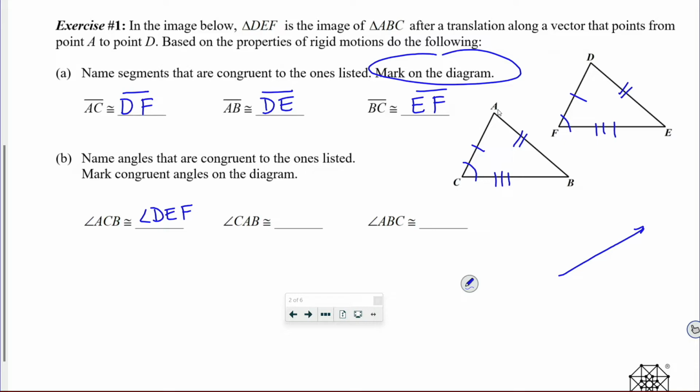All right, then CAB gets translated up to FDE. And likewise, ABC, which I'm going to mark off with three arcs, gets translated to angle DEF.